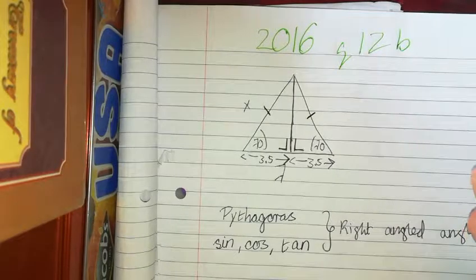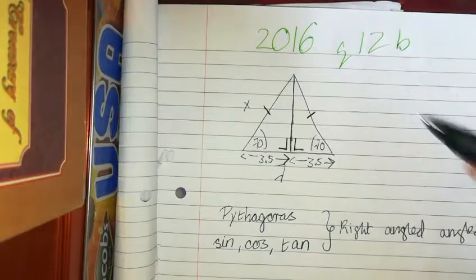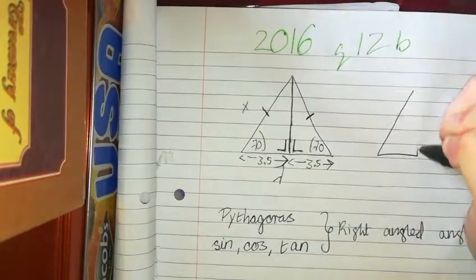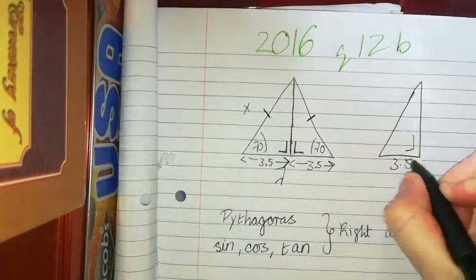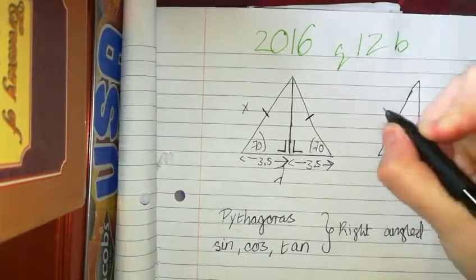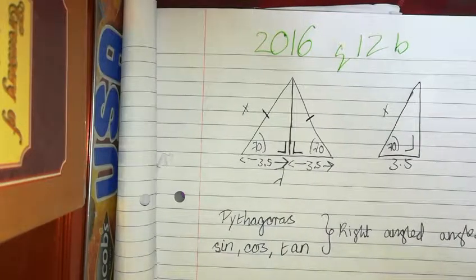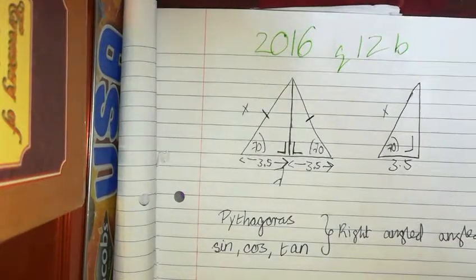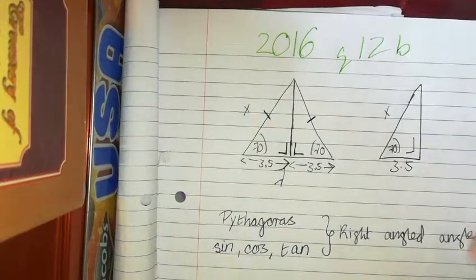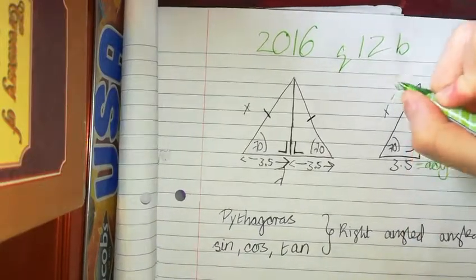We're asked to find the length of the side marked x. So now we're going to think about just one of the halves of the triangle: 3.5, 70 and x. If we want to get x, I might use one of my ratios. I have 3.5 as my adjacent in this case, and x is my hypotenuse.